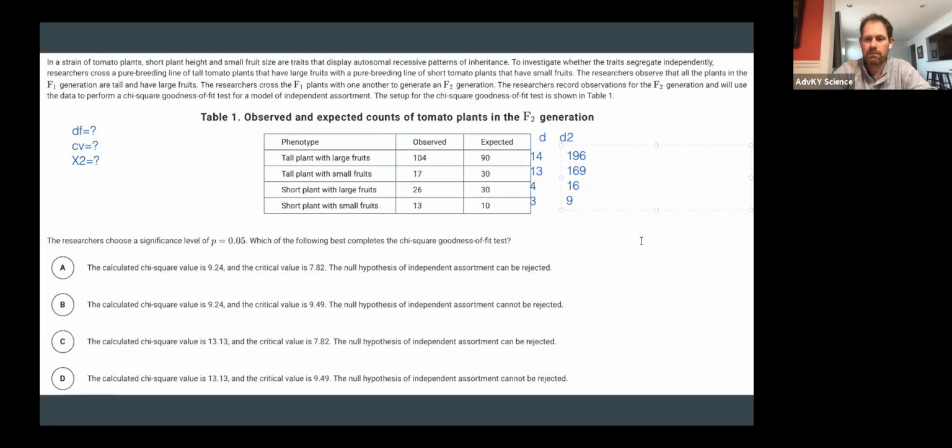Okay, so let's end this one. We're a little bit all over the place on this one, so we may be struggling with chi-squared. So maybe it's good we threw this in.